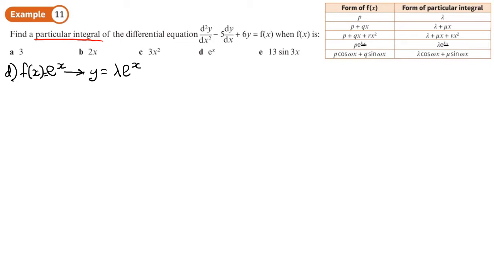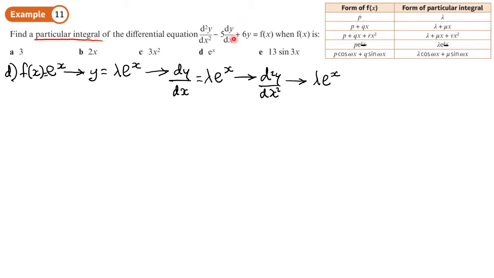Right, so from here I'm now going to work out dy dx. So that will be lambda e to the x. So very easy, that one. And when you differentiate it again, it's still going to be lambda e to the x. It doesn't matter how many times you differentiate, you're going to get the same thing with this particular function.